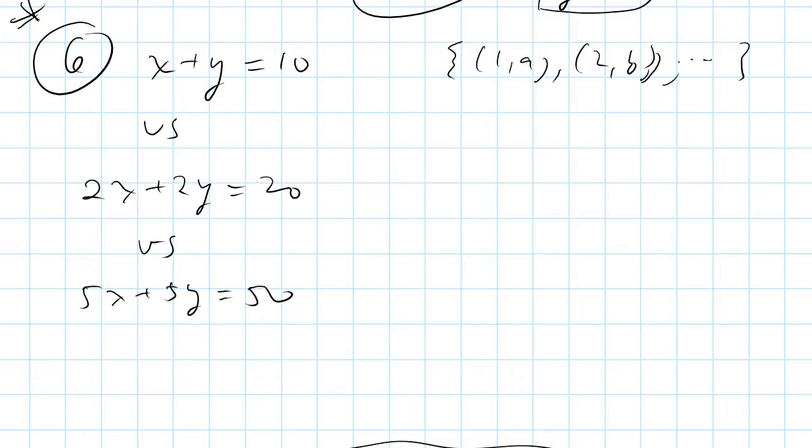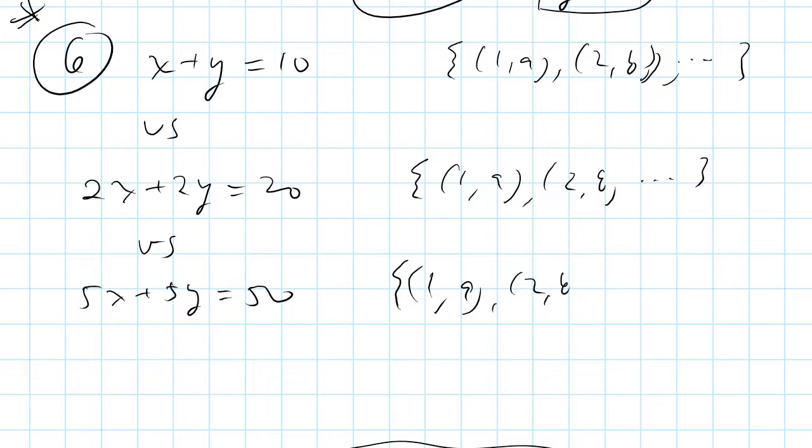And I want to have students think about what happens when you multiply both sides of the equation by something. Well, they would, by messing around, realize that the solution set is unchanged.